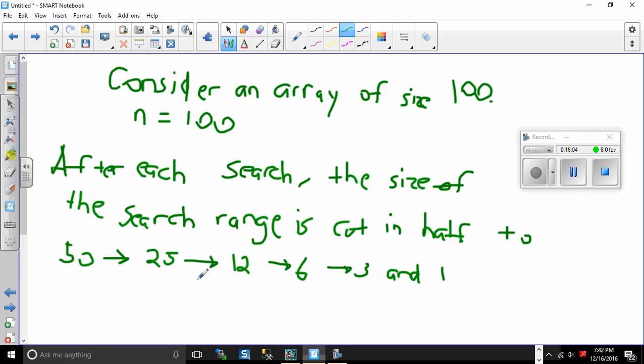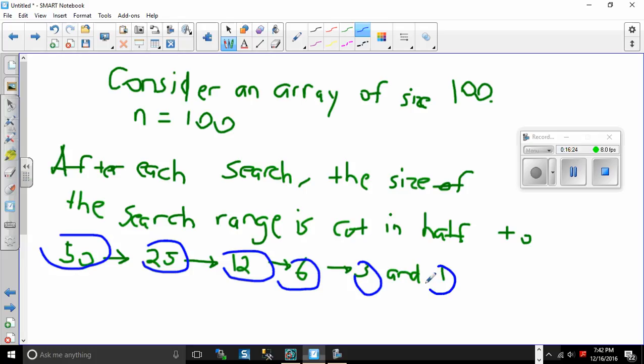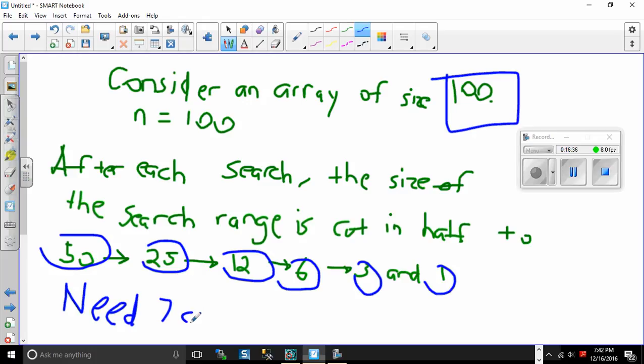So how many comparisons do we have to make? We need 1, 2, 3, 4, 5, 6 here, and then of course the first comparison, which is 7. So we needed 7 comparisons to find the element.